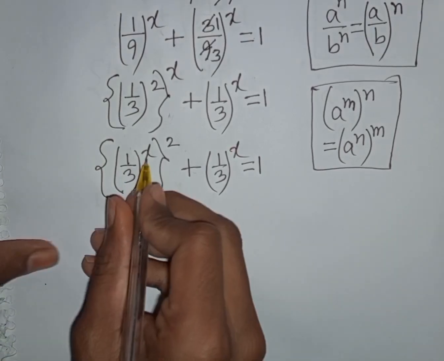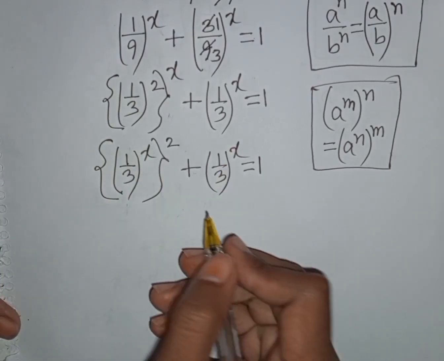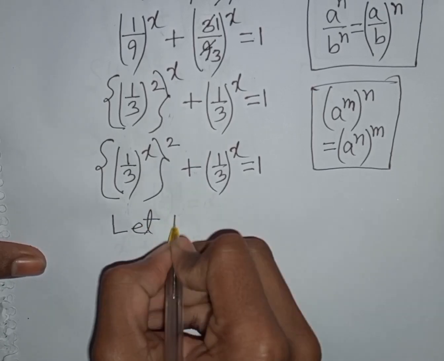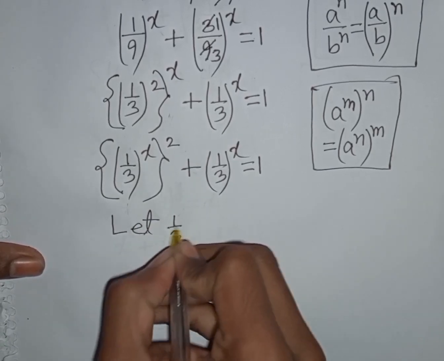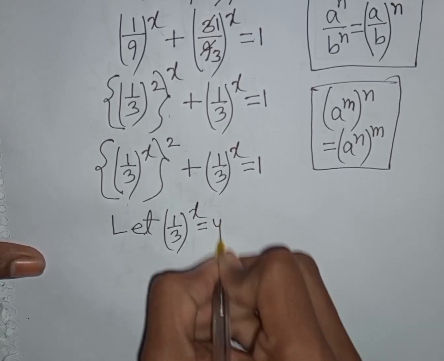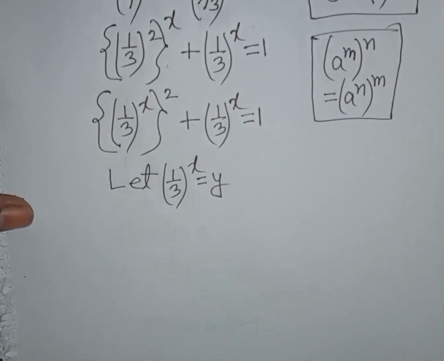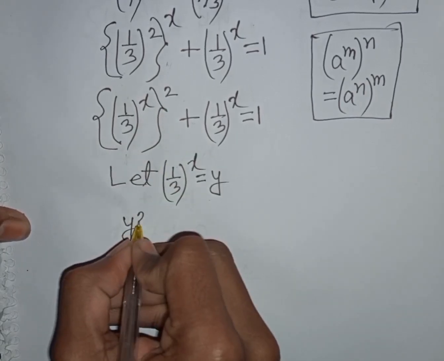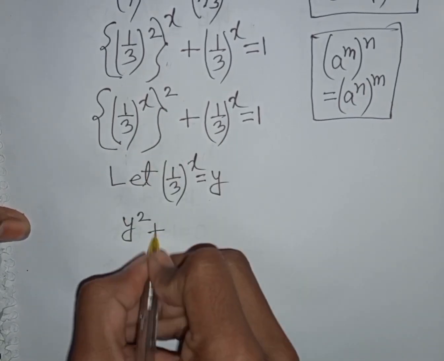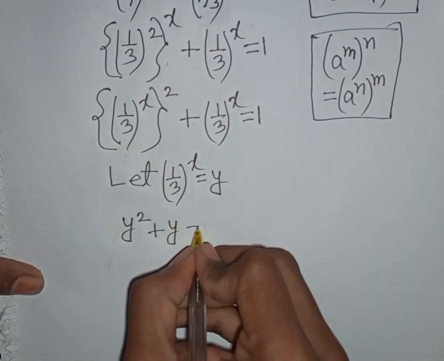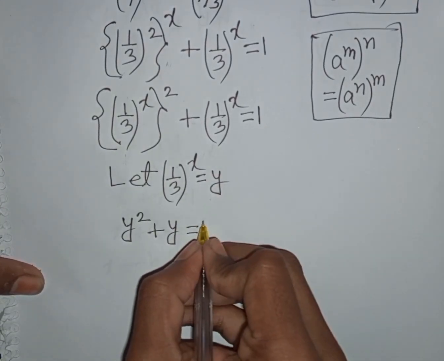Now we see 1 by 3 bracket power x, both terms are the same. So let 1 by 3 bracket power x be substituted by y. So our equation will be y square plus y is equal to 1.